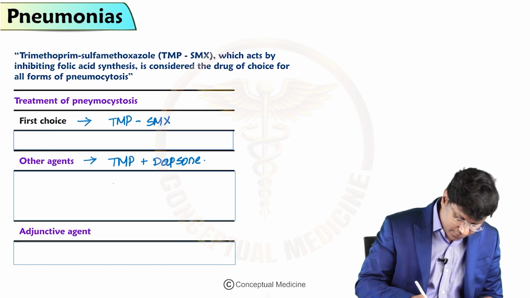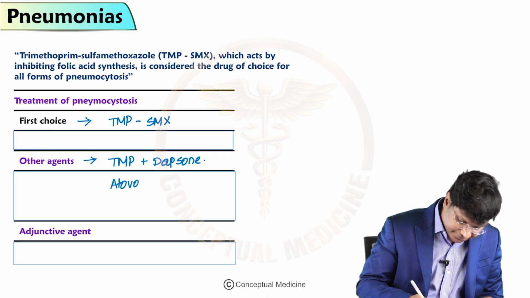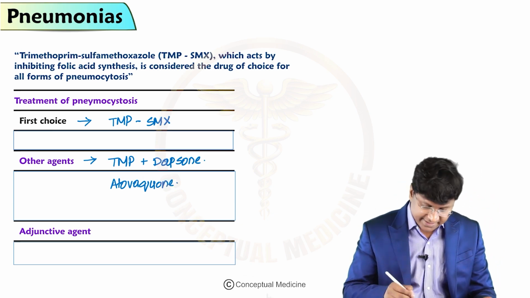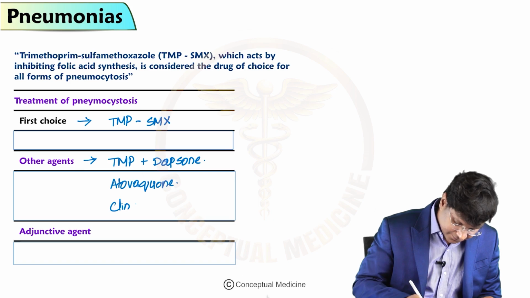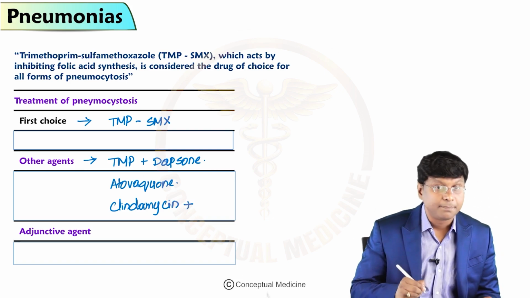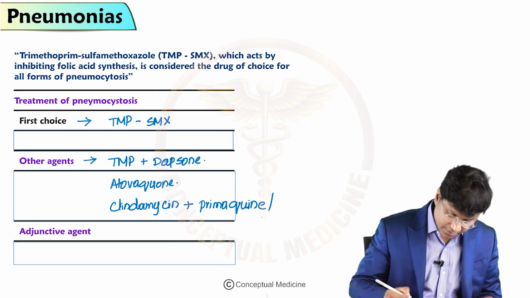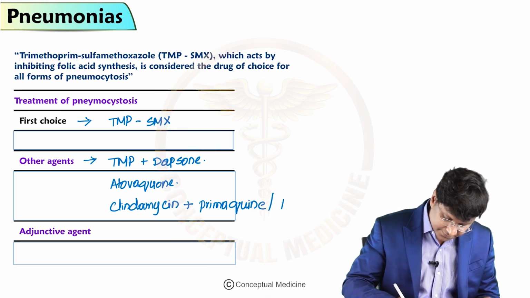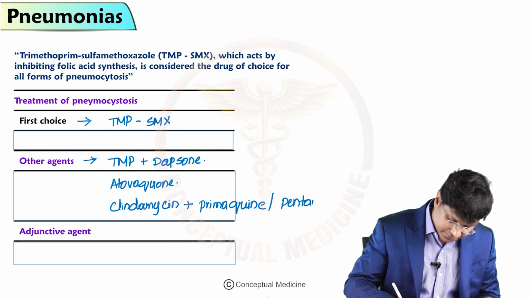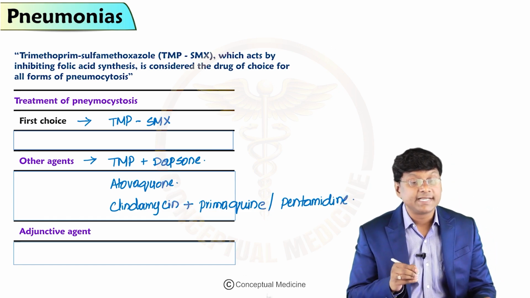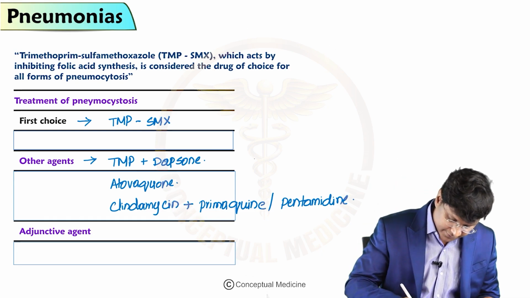Number 2, atovaquone. Number 3, clindamycin plus primaquine, or pentamidine. And another alternative that can be given is trimetrexate plus leucovorin.